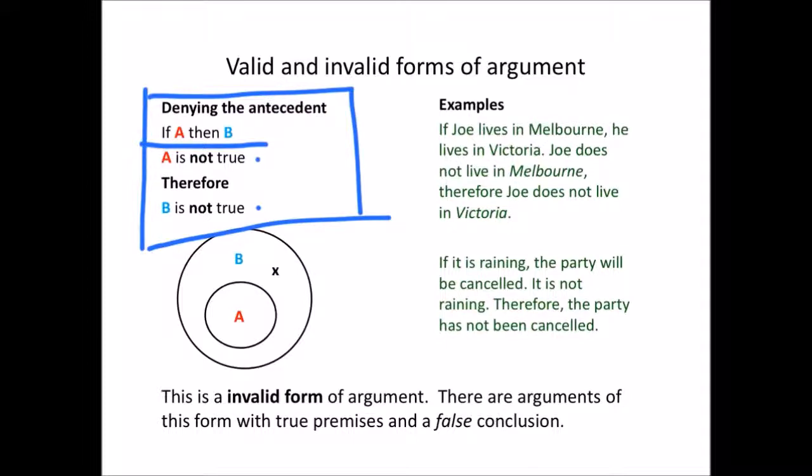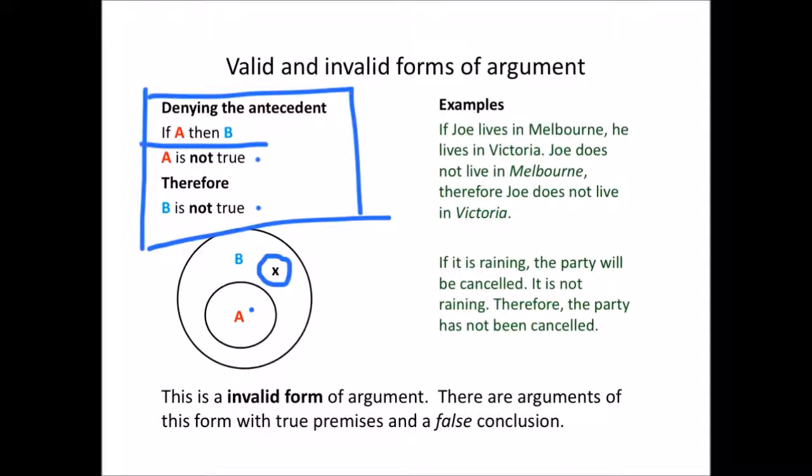But you can see perhaps from the diagram why that's not necessarily valid. Again, the two circles represent the first premise, if A then B. If a point's in A, then it's automatically in B. But that doesn't mean that if a point is not in A, it's therefore not in B, because a point could be here. That point's not in A, but it is in B.